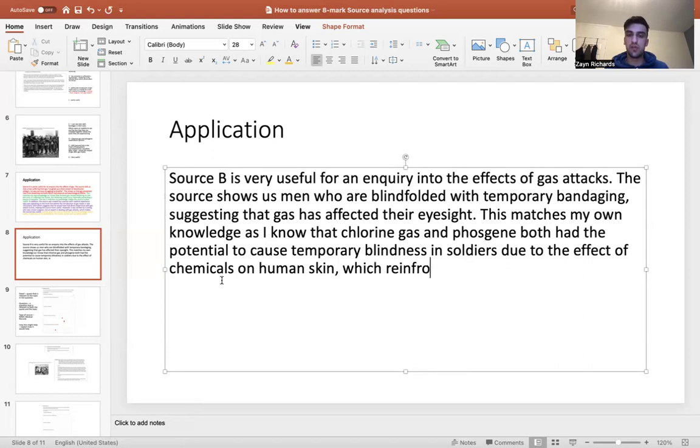Which reinforces what I can see in source B, making it useful.